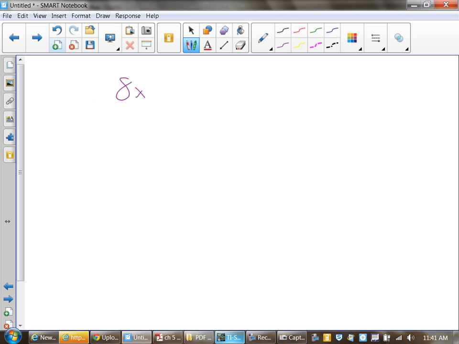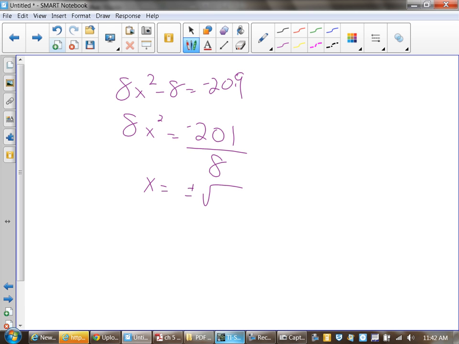11. We have 8x squared minus 8 is negative 209. Add 8. Divide by 8. 201.